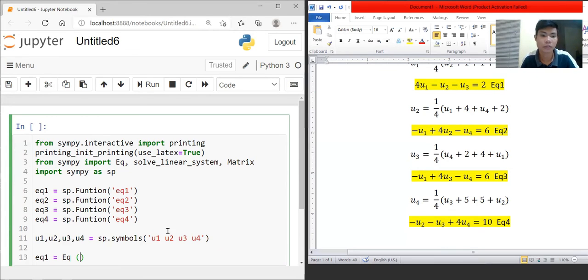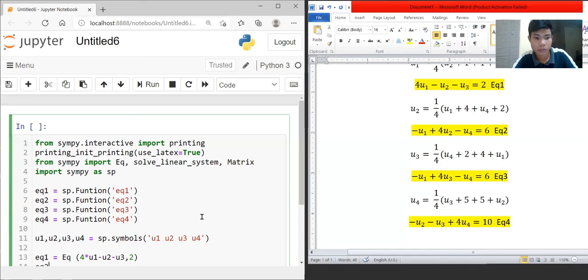Yan yung ating equation 1. 4 times u1 minus u2 minus u3 equals, so yung comma na to will serve as the equal, so equal to 2.